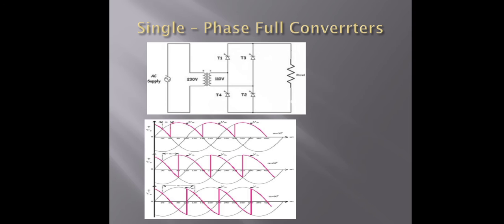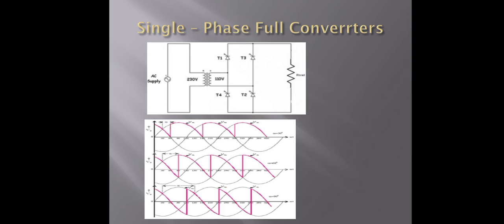When T1 and T2 are on, the input voltage is applied to the load through the path Vs, T1, load and T2. This is the first part, when the positive input signal is applied. The other condition is during the negative half cycle, when the negative input signal is applied.